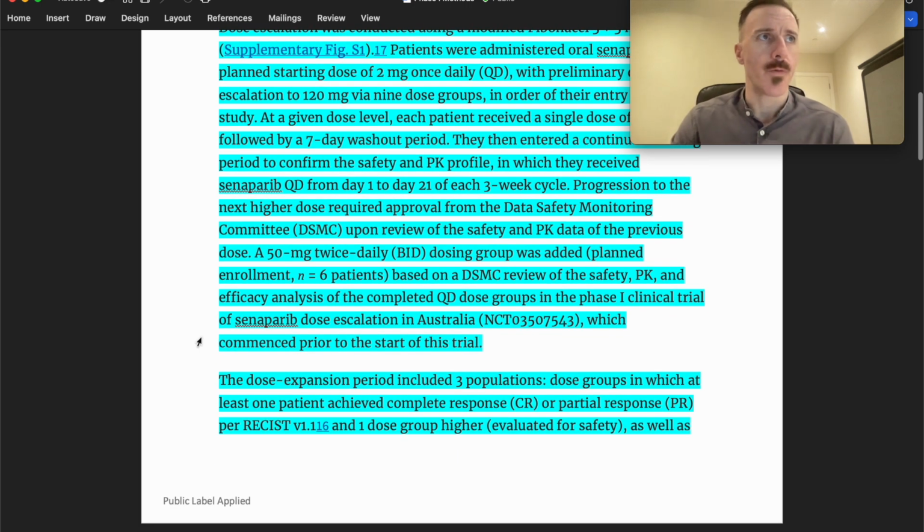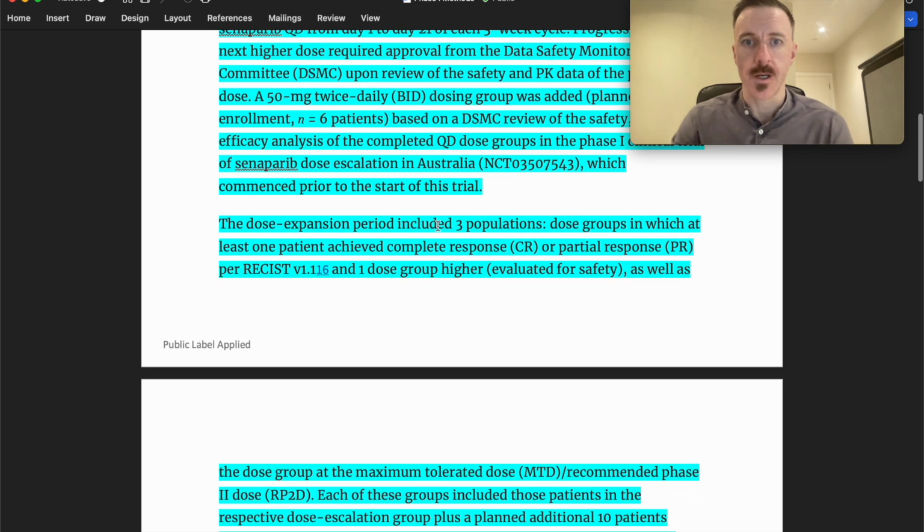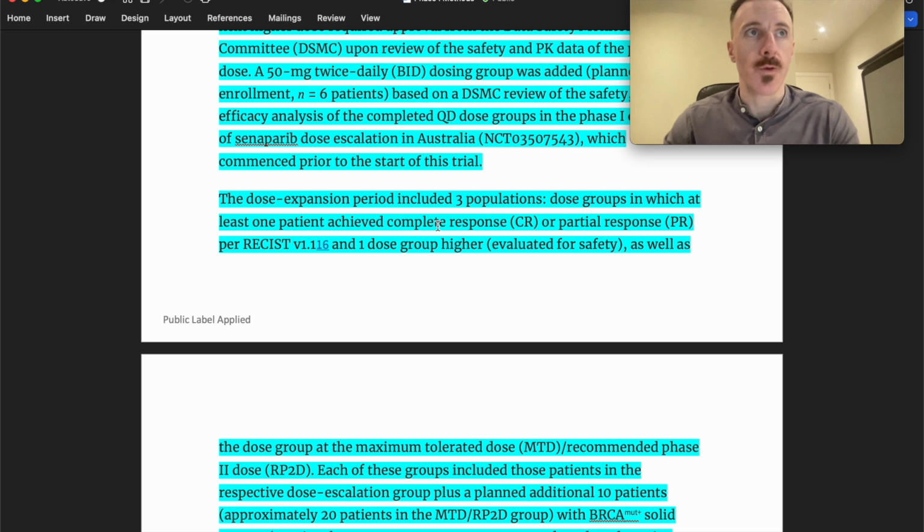Since this is a phase one study, its dose expansion period next needs to be described. The dose expansion phase of a phase one clinical trial is designed to confirm the safety, pharmacokinetics, and preliminary efficacy of a drug at the maximum tolerated dose or the recommended phase two dose.